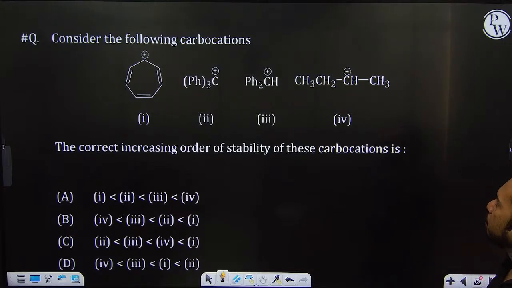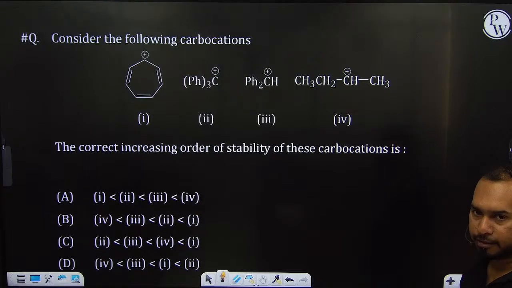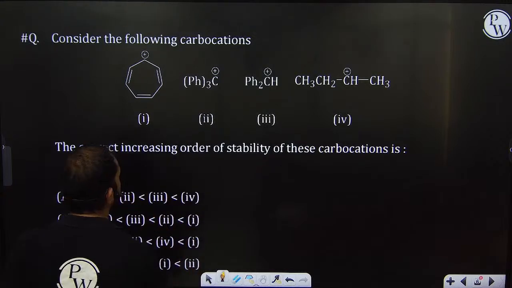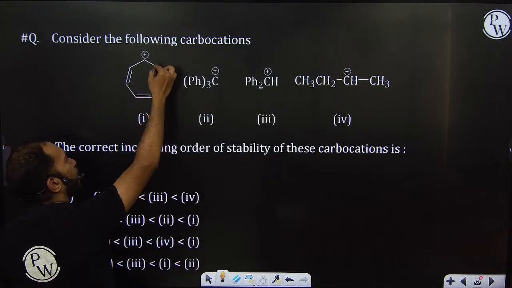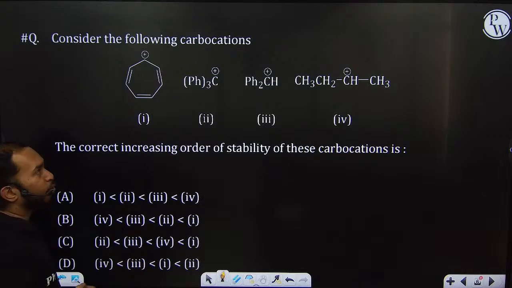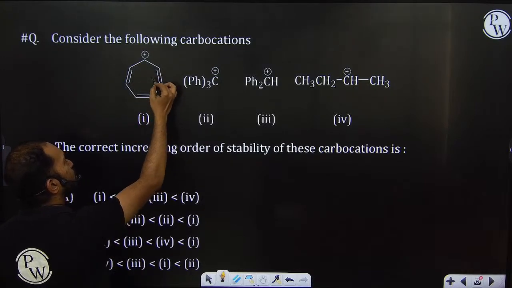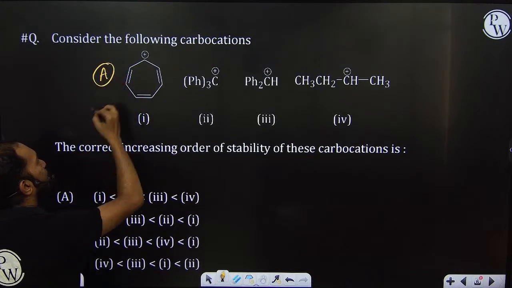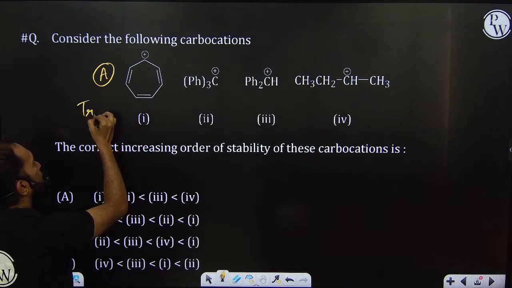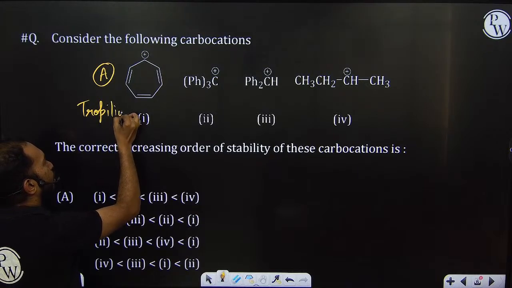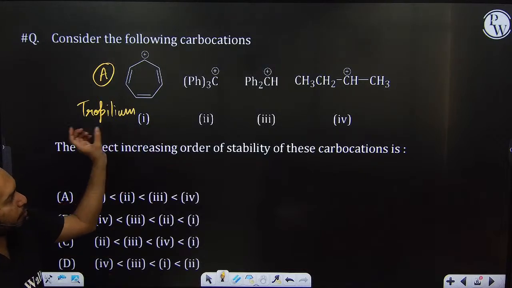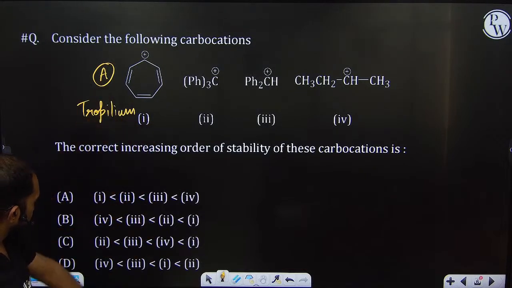We're talking about the stability of aromatic 6 pi electron systems. Which of these is most stable?